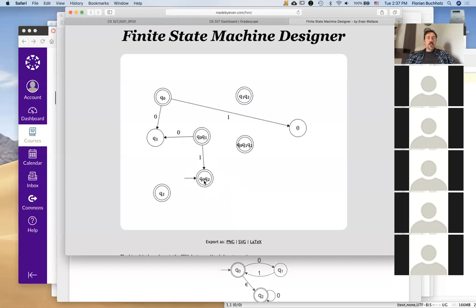So the double and triple states, they are there because of these epsilon transitions, essentially. So in an NFA, we can just say, we're at Q0, but at any time, without consuming an input symbol, we can just switch to this state.